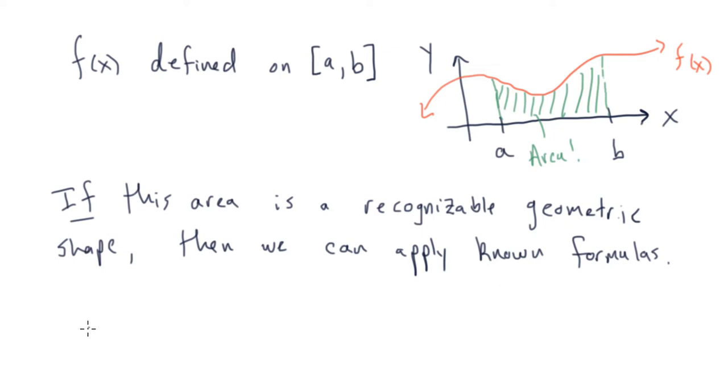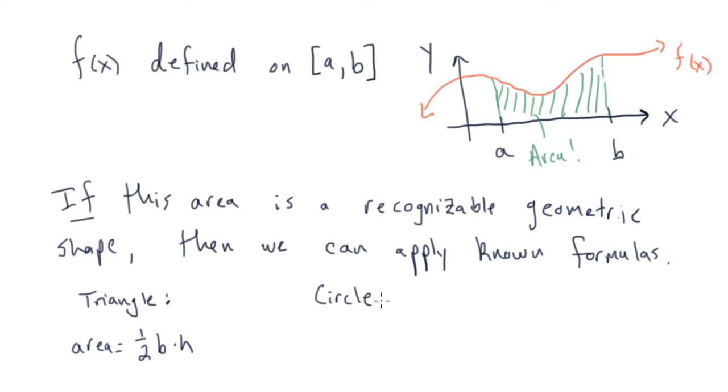So for a triangle, if we recognize this region, so if we have some special function where this region just consists of triangles, like if it's a line or the absolute value function, we can just use the fact that the area of a triangle is 1/2 base times height.